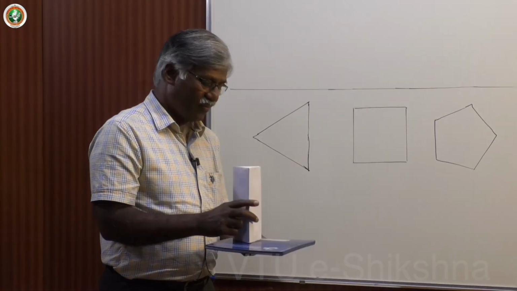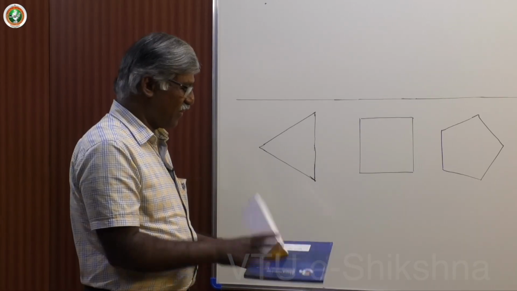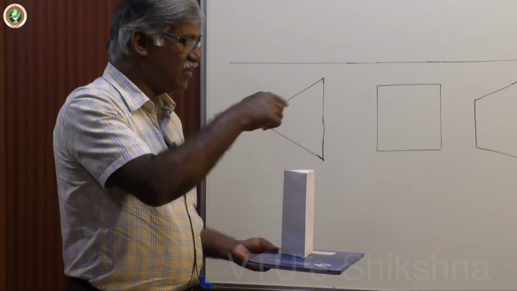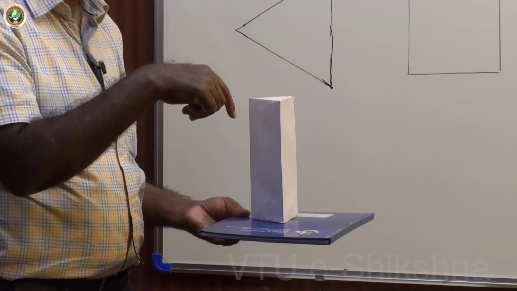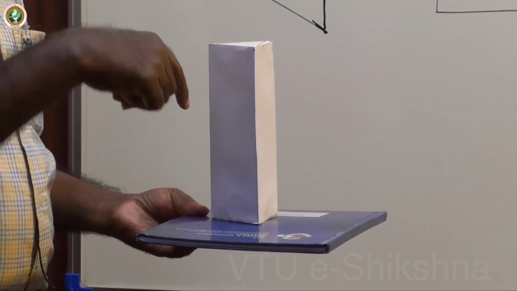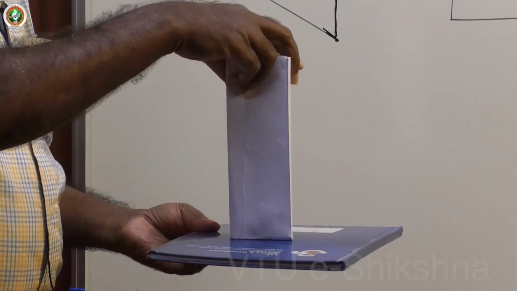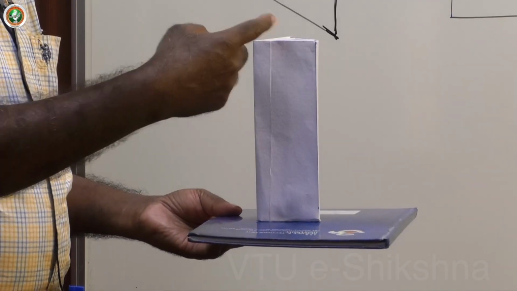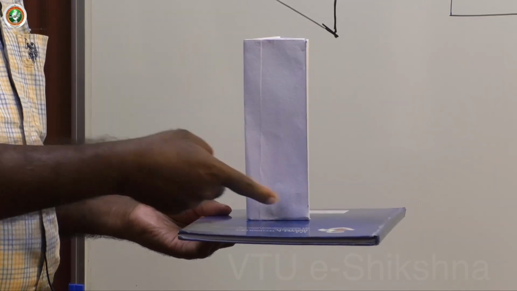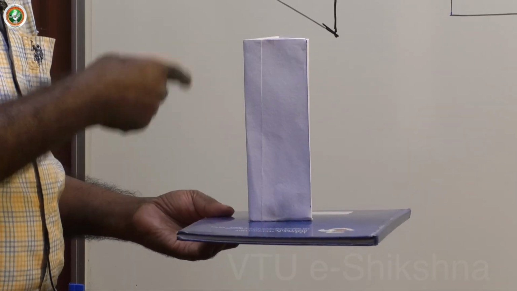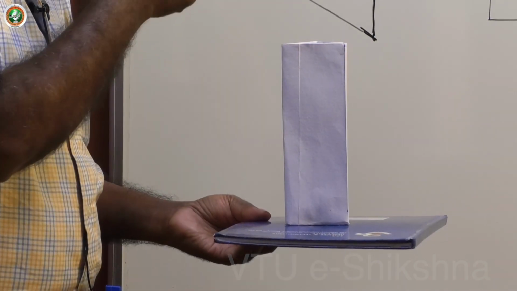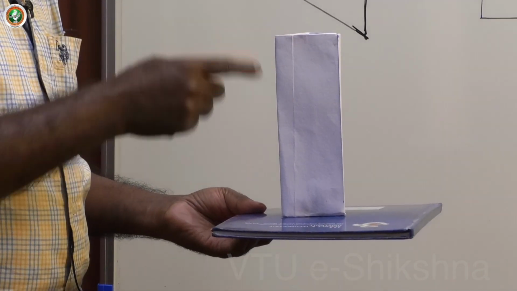Now in this case, you have to start from the top view, because the true shape is available in the top view only. In the front view it is only a rectangle, apparent shapes. Whenever the base edge is parallel to VP and this rectangular surface itself is parallel to VP, definitely this is the true shape.